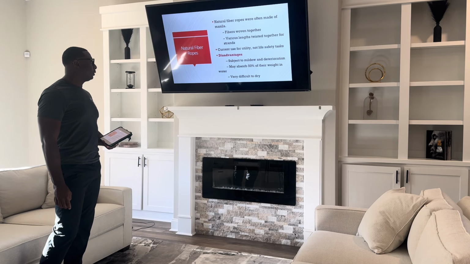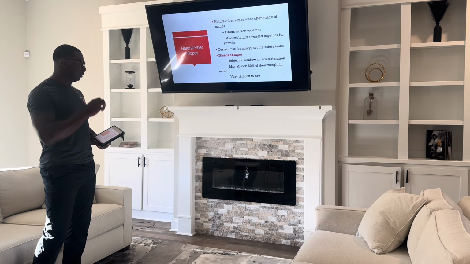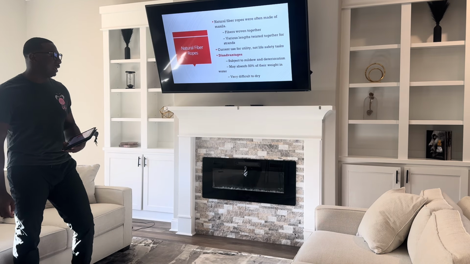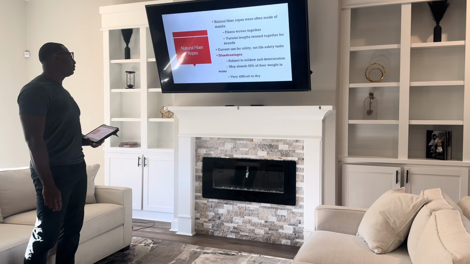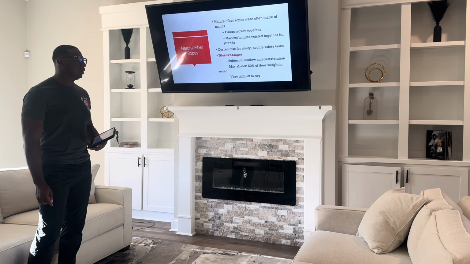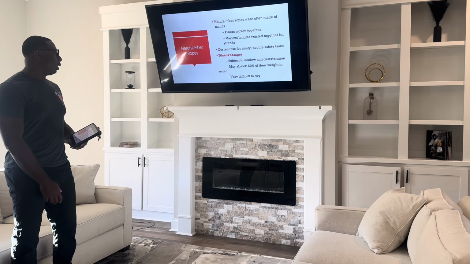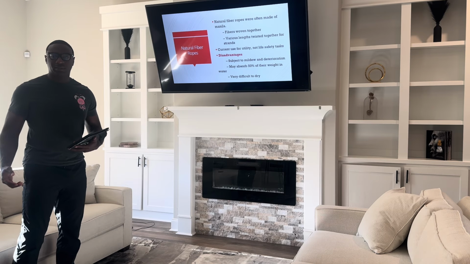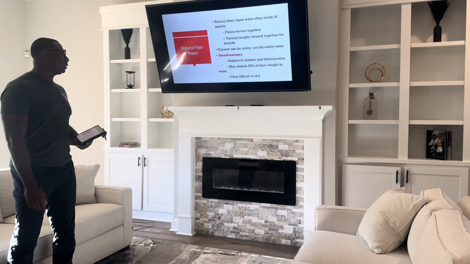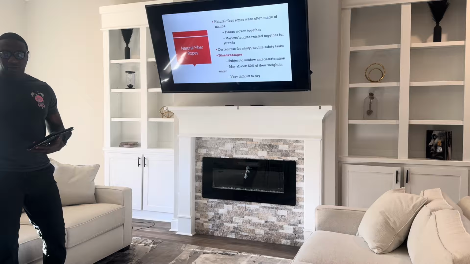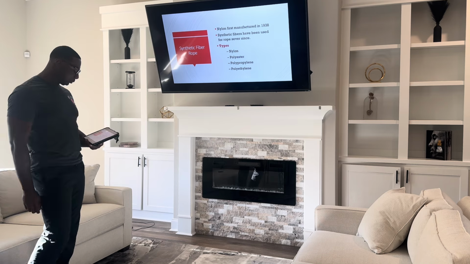Natural fiber ropes are currently used for utility, not life safety tasks. Some disadvantages of natural fiber ropes are that they are subject to mildew and deterioration. They may absorb 50% of their weight in water, so they are very heavy and very difficult to dry.